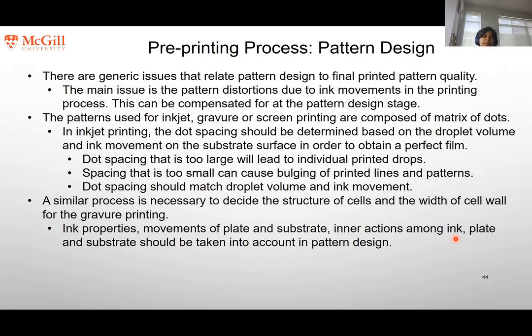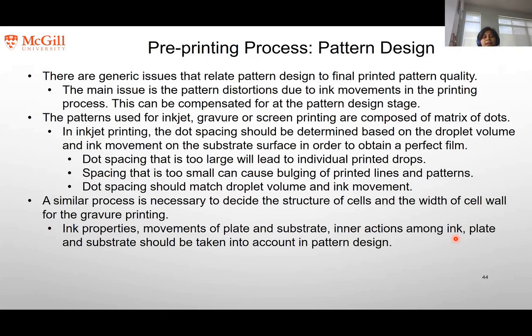So we can do a lot of this modification in the pattern design stage. The pattern used for inkjet or gravure or screen printing is composed of a matrix of dots.